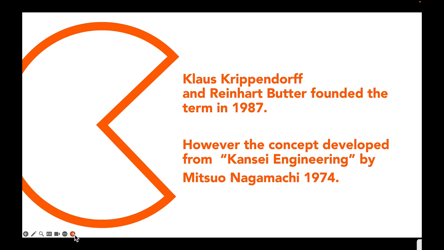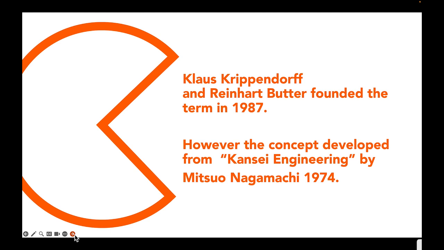So really interesting that Kensei engineering was emerging in Japan, and design semantics came out of Europe, kind of spearheaded by Krippendorf, Butter, and also Don Norman, who you might be familiar with, because we often talk about Don Norman. He's kind of like the godfather of industrial design during the 80s, 90s, and now.